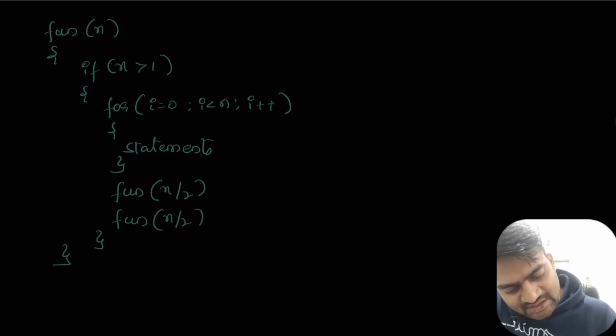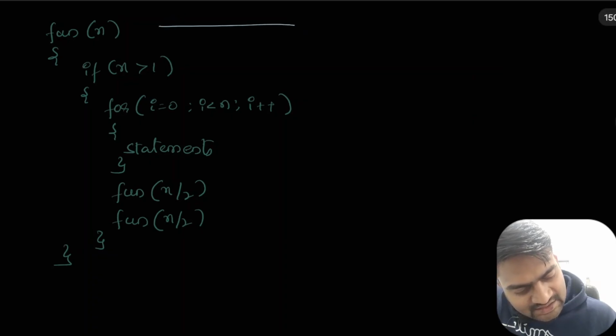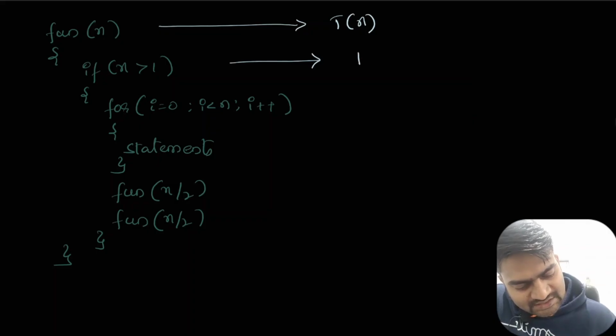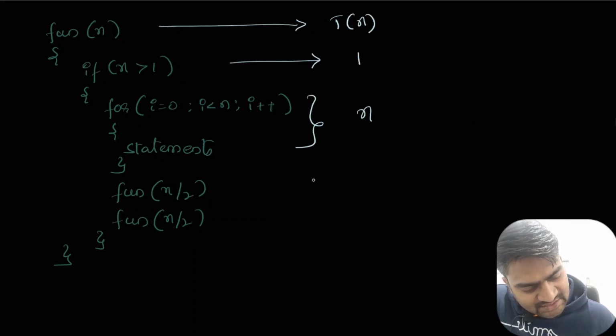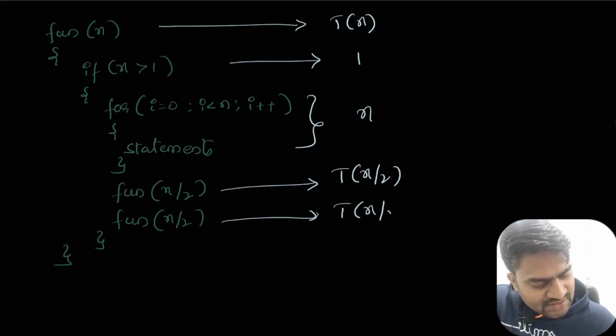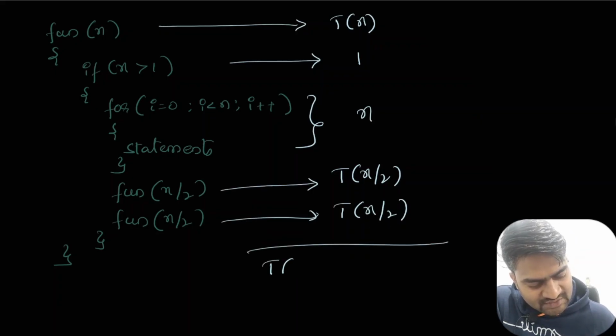So if we consider Tn as a time function for f of n, then this is 1, checks the condition, this runs for n times, then this is t of n by 2 for this one, then for this one again it is t of n by 2. So if that is the case, what will be our total Tn?